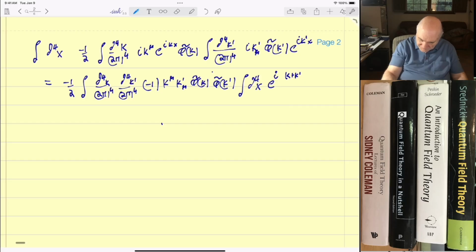I haven't been distinguishing the vectors. Usually these are 4 vectors, but when I need 3 vectors, I'll put them as 3 vectors. But right now they're 4 vectors. This will just give us a Dirac delta function: minus 1/2 ... (2 pi)^4 delta^4(k plus k prime).